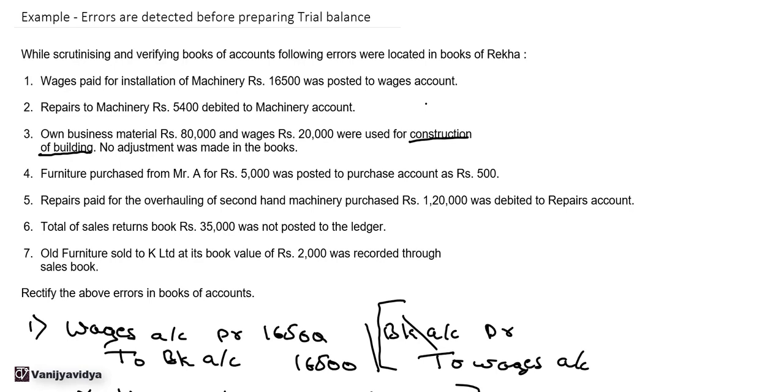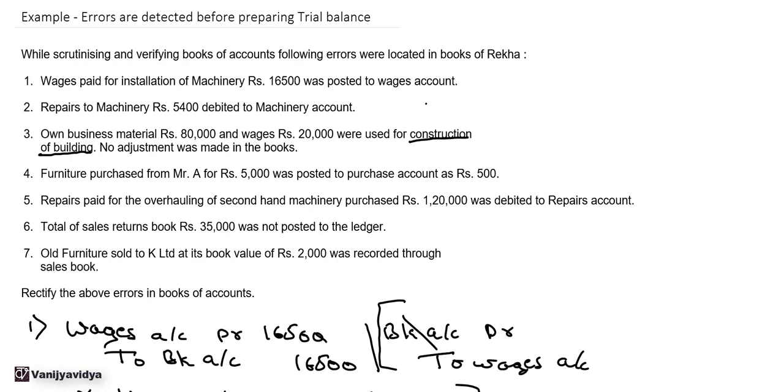So now this is an asset. So whatever is the own business material and wages which were used for this building will be added to your cost of building. Now since nothing is given, we will assume that this own business material is included in your regular purchases, and this wages is included in your normal wages expenses. So we have to take it out from your regular purchases and wages, and we have to add it to your cost of building, or we have to add it to asset account.